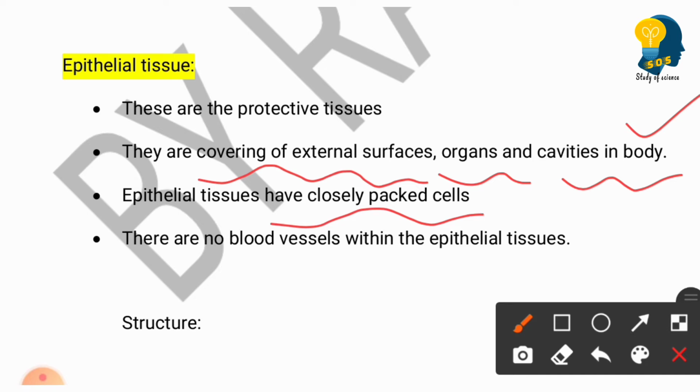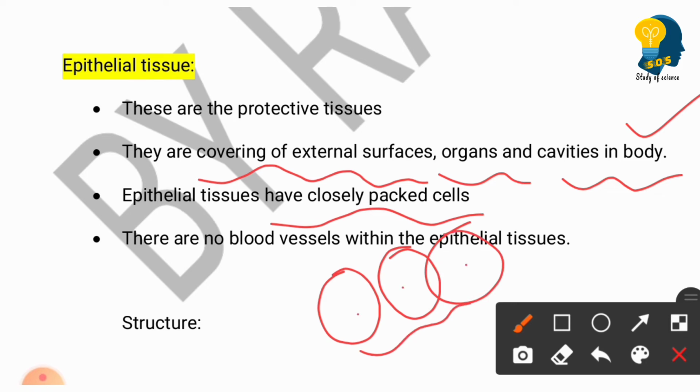When I say intercellular space, if these are the cells, they do not have space between them. Hence, we say there is no intercellular space. Epithelium cells are closely packed, they form a continuous sheath, and there is very little or no intercellular space between them.